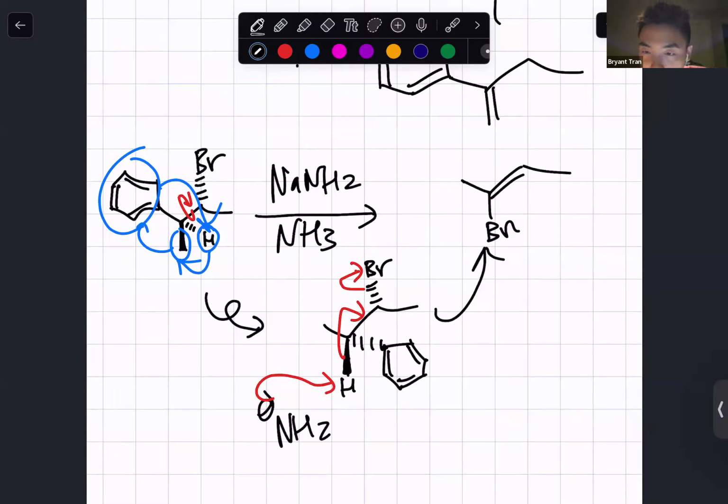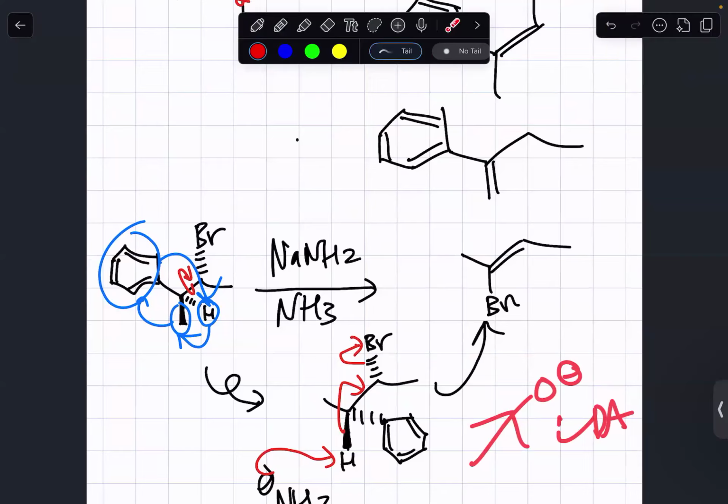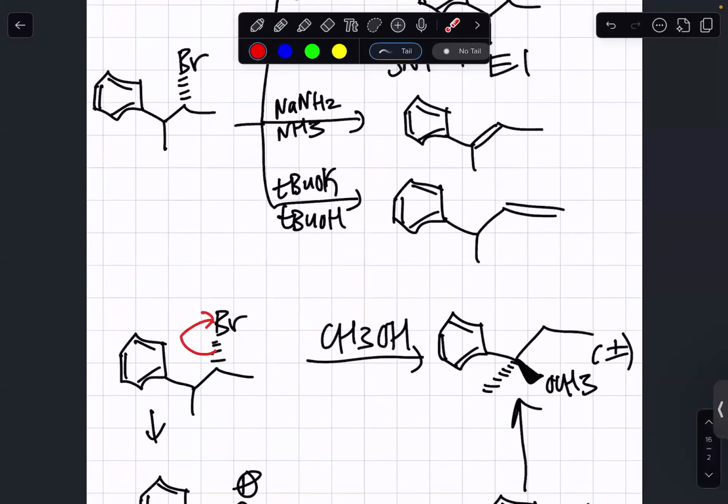Do we need to know Hofmann, Zaitsev? We didn't learn that in class. Oh, did you guys learn about it in class? Zaitsev, Hofmann with the bulky base and small base? Did you guys learn about t-butoxide and LDA yet? He didn't. I'm pretty sure he taught us the bulky ones, but he didn't teach us Hofmann and Zaitsev. He just said LDA and KOtBu can only do primary alkenes.